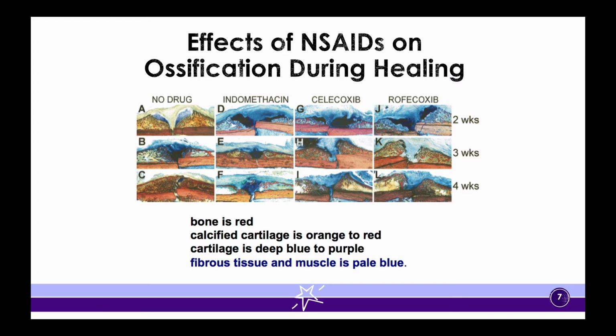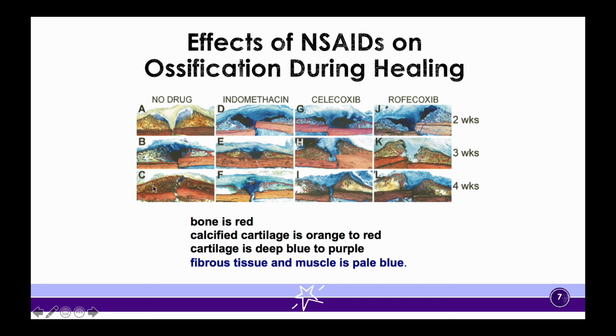And I believe this is in a mouse femur is what was broken. And we're looking at that healing time of 2 weeks, 3 weeks, and 4 weeks of what would these things look like. So just to put a little context of things, the red that we see right here, that is bone.